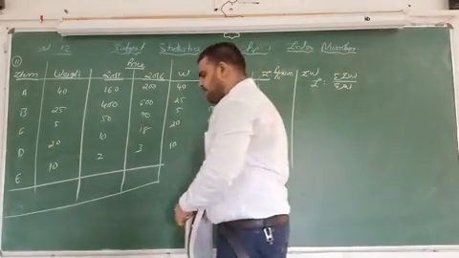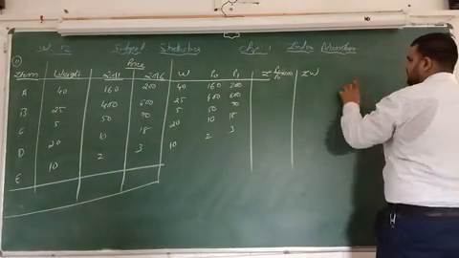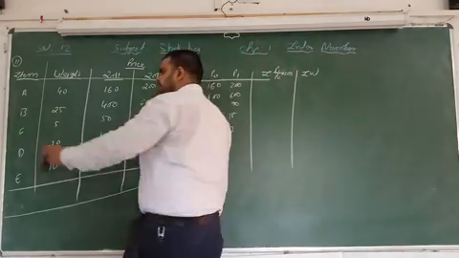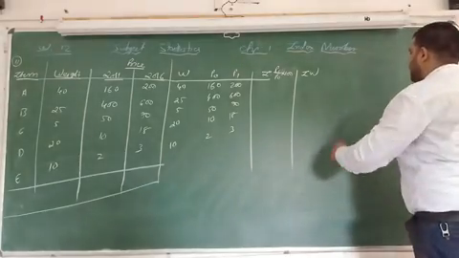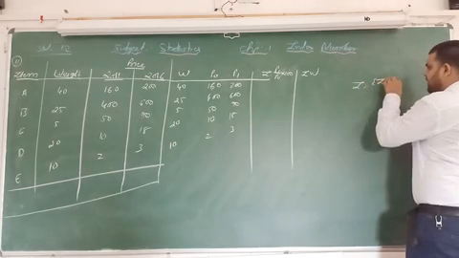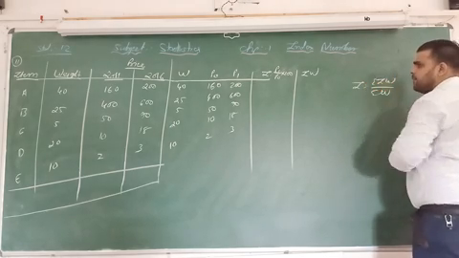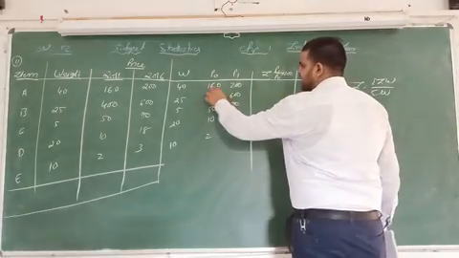Okay, so now we have to find out two columns, two types of information, and on the basis of that information we have to find out the weighted index number. The formula is I equals sigma IW upon sigma W. First of all we have to find out the index number.